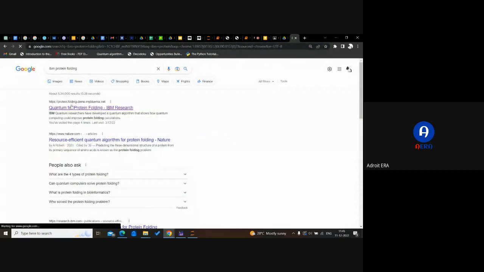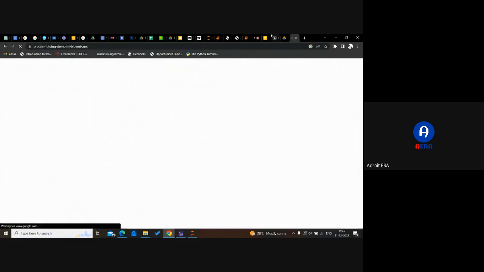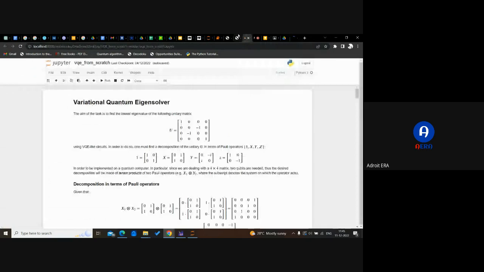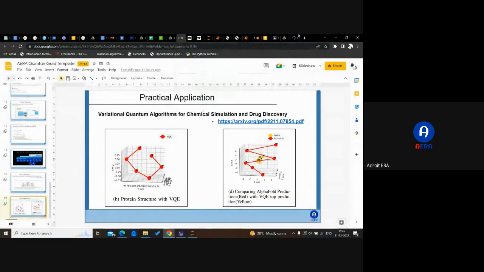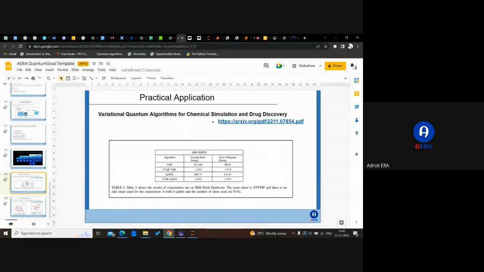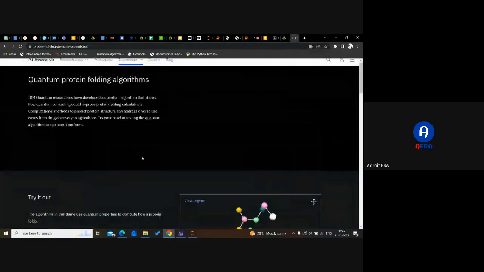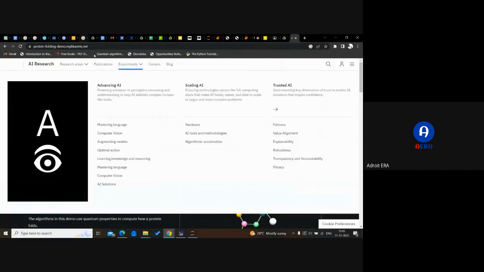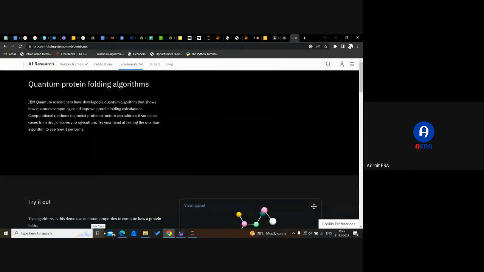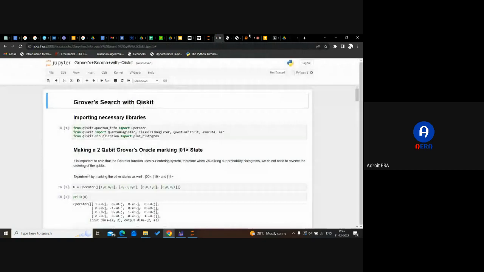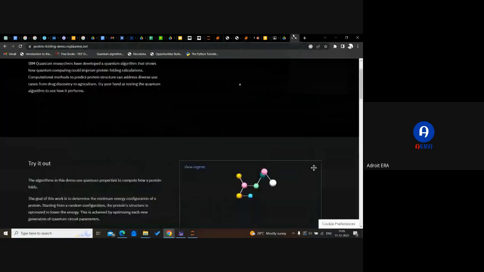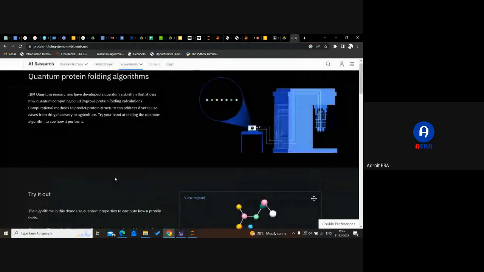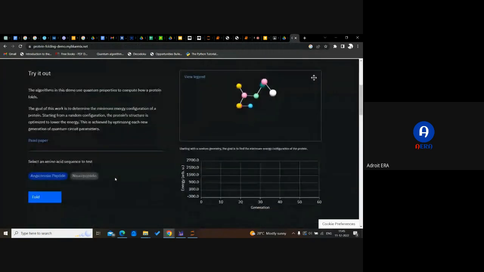I'll also run this and show you the main motivation for this practical application, where we got motivated to work on this project. This is the quantum protein folding algorithm by IBM, actually. I thought of explaining how to compute a protein using VQE through Qiskit.